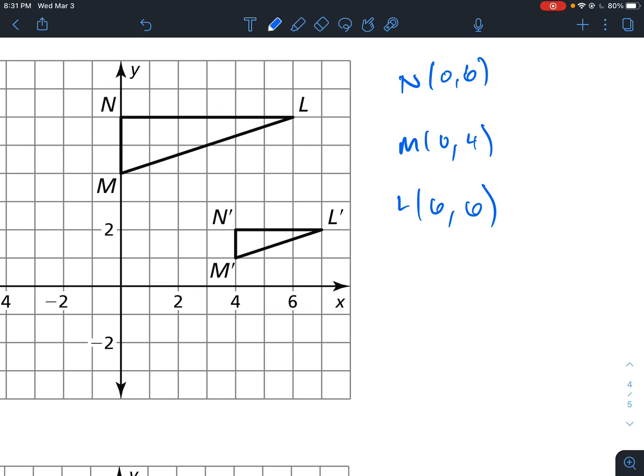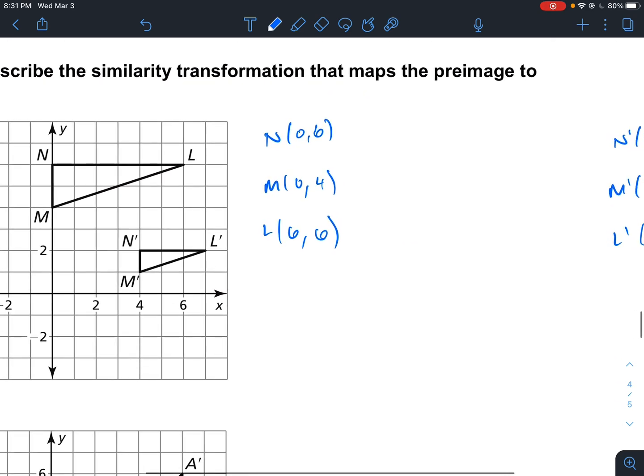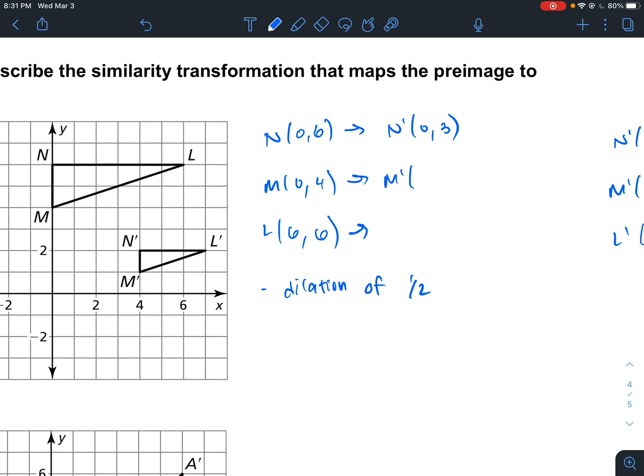So I know that I have a dilation by a factor of 1/2. So dilation of 1/2. So that means if I take N and I divide it by 2, I get N prime, which would be at 0, 3, M prime, which would put at 0, 2, and L prime, which would put at 3, 3.